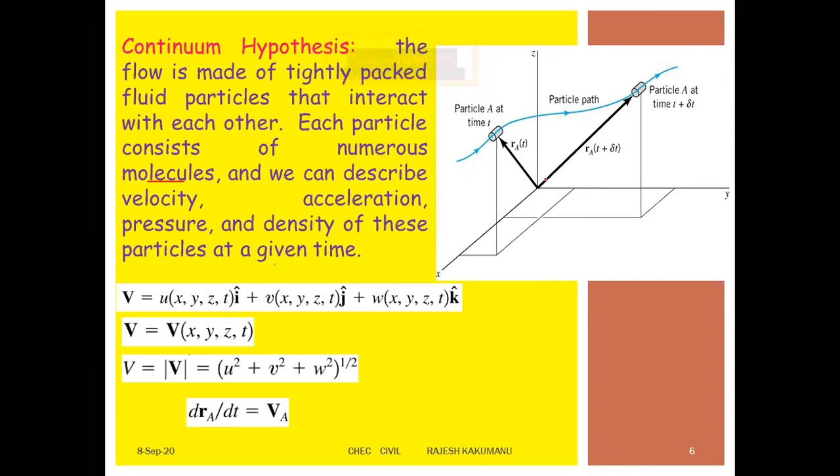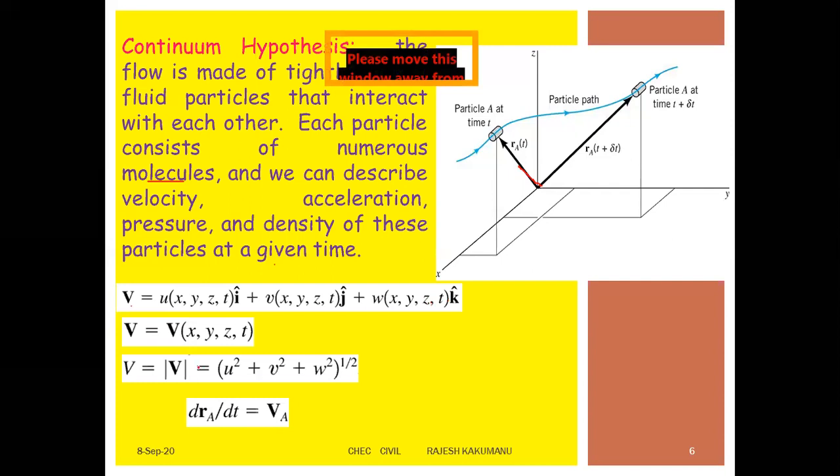Now if you see the position RA at time t plus delta t, it is calculated from here to that corner. With these, the velocity V equals u, v, w, the three axis components. So we take u of x, y, z, t i cap, v of x, y, z, t j cap, and w of x, y, z, t k cap.